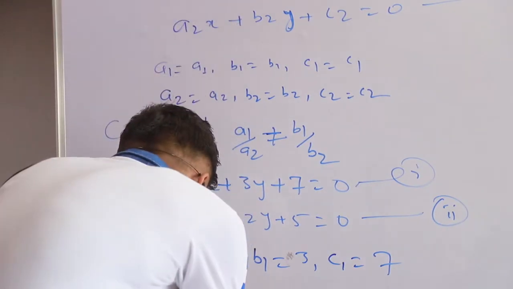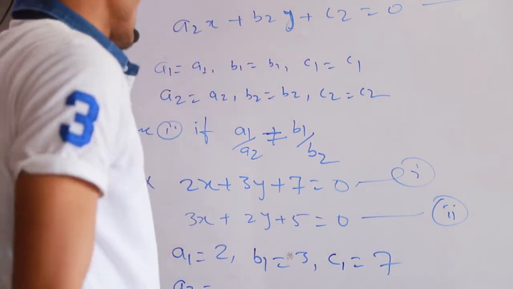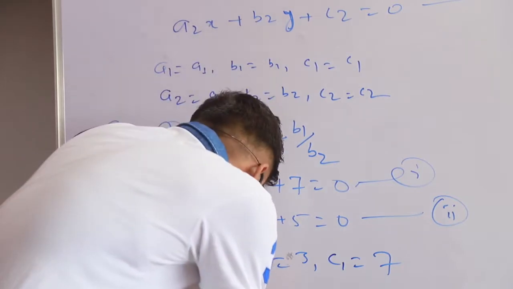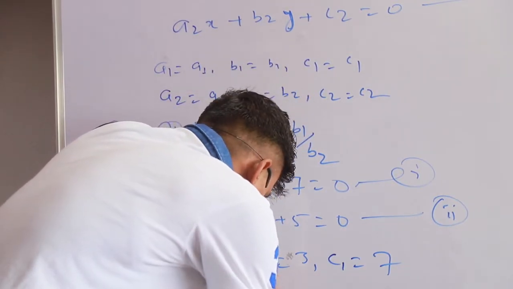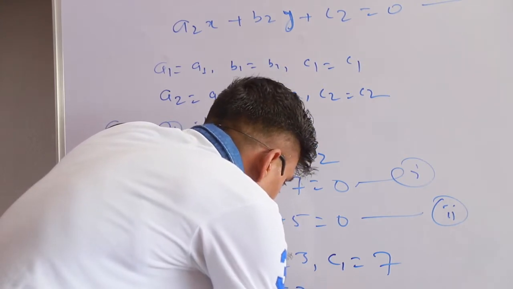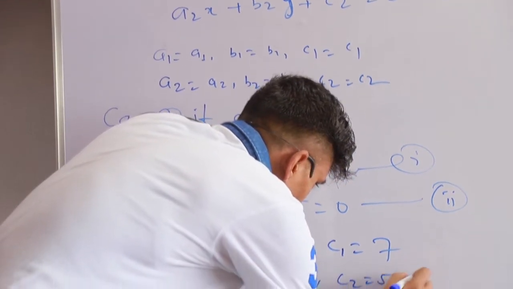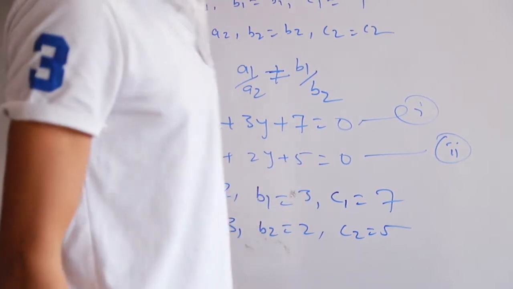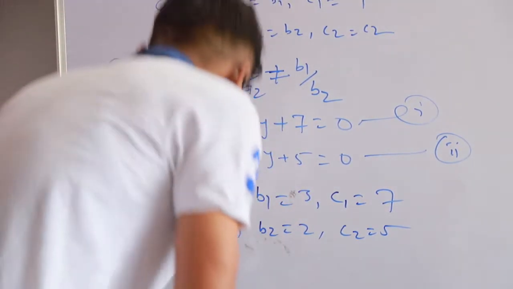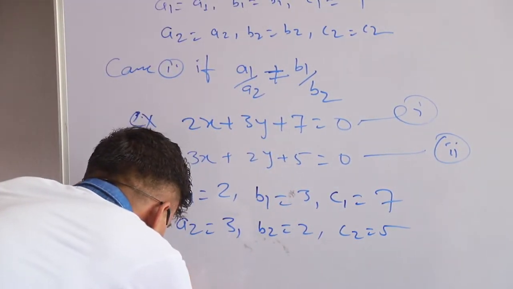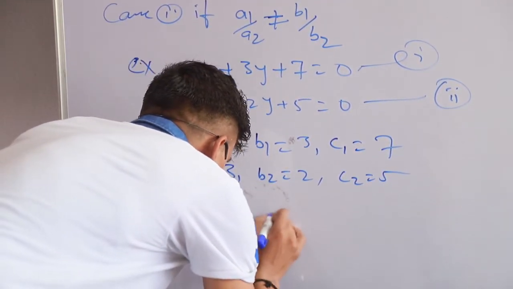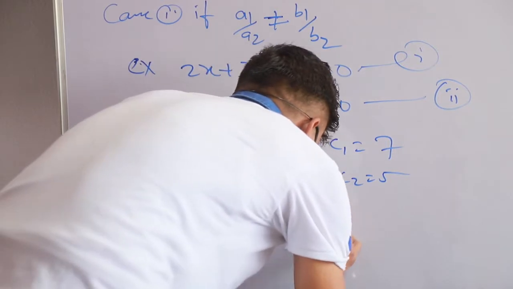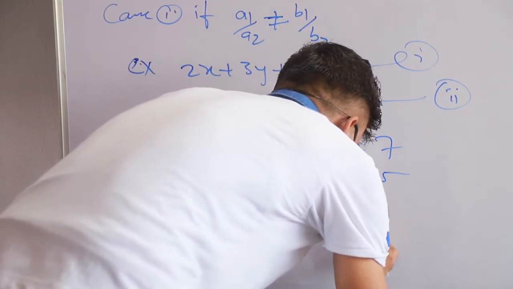And a2, the coefficient of x of the second equation, is equal to 3. b2, the coefficient of y of the second equation, is equal to 2. And c2, the constant term of the second equation, is 5. Now a1 by a2 is equal to 2 by 3, and b1 by b2 is equal to 3 by 2.